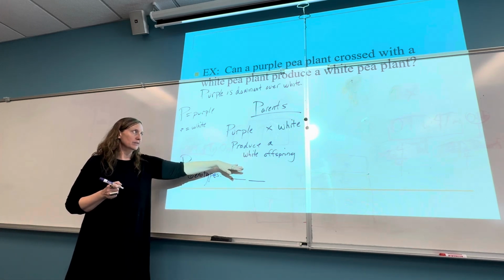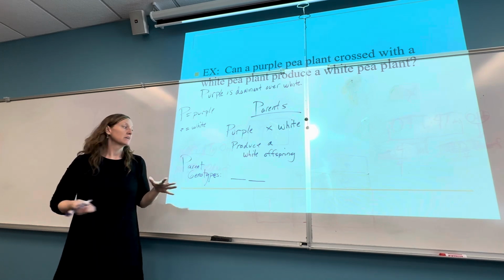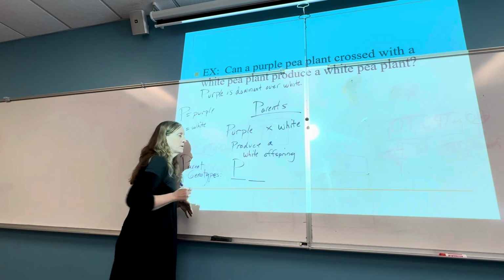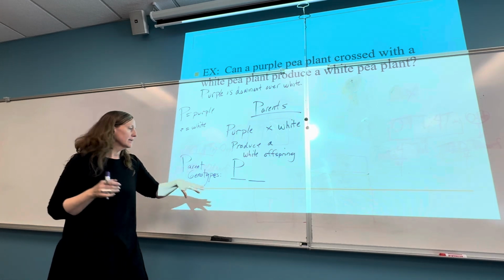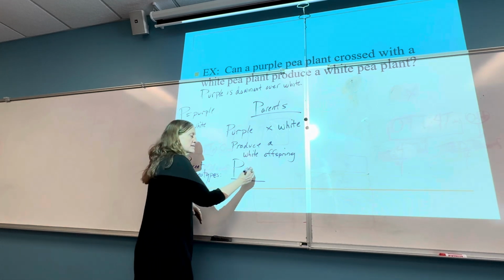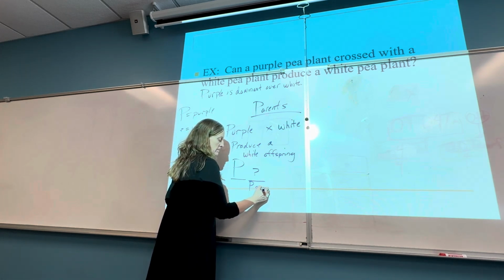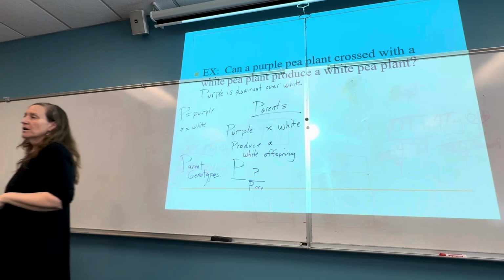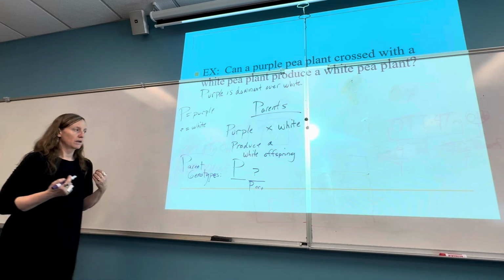If they're purple, what do they at least have to have one of? Big P. Good. They have to have at least one big P. I know some of you have already got this. Let's hold off on this. The second one, if a parent is purple, that second allele could be a big P or it could be a little p, and they could still be purple.